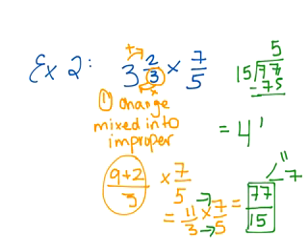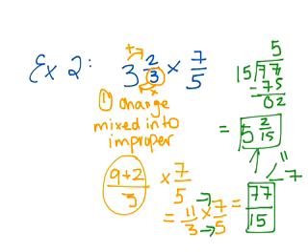So I subtract, I get 2, and 7 minus 7 is 0. So my final answer is going to be 5 and 2/15. Again, either of these answers would be valid depending on how they want you to answer it, either on a test or on any particular question.